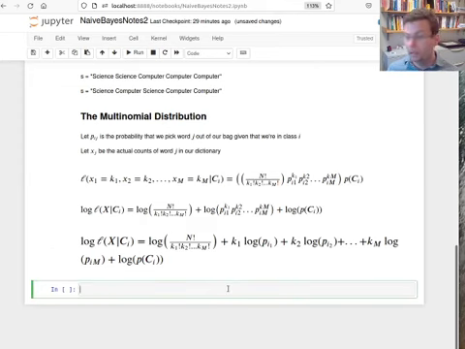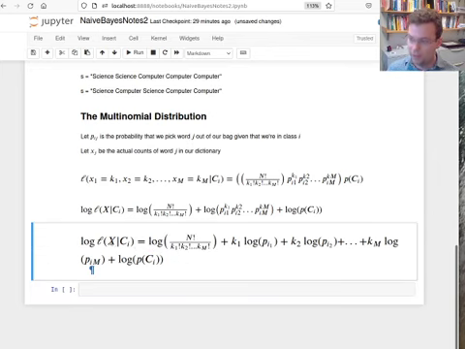So one thing you'll notice is that this is a constant, actually. For a particular observation x, this doesn't change. We just have that number of first words in the dictionary, that number of second words in the dictionary. So this is fixed. So it's not going to change our answer if we add on a constant. So we can kind of ignore that.